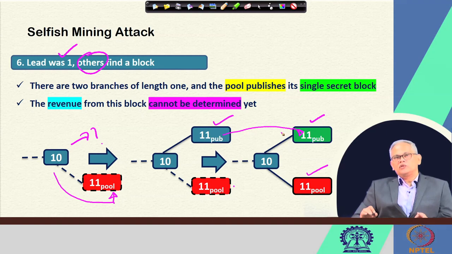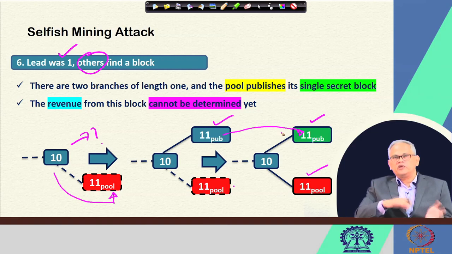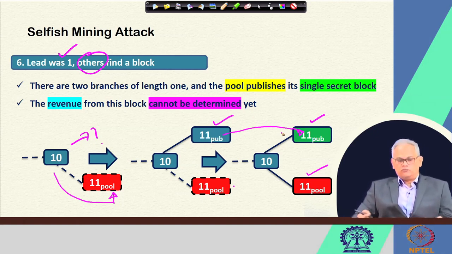So the revenue that can be received from this situation cannot yet be determined. It will depend on what happens next, and those situations are handled in the previous or the next scenarios. So what we are doing is, at the time when these blocks are published by the attackers, we are trying to see what could happen to the revenue.